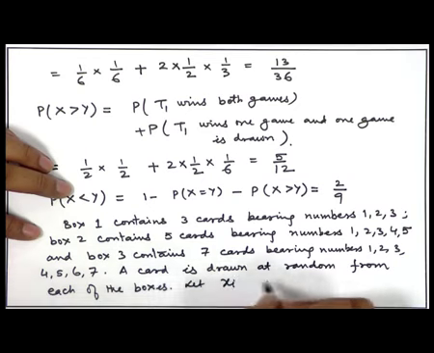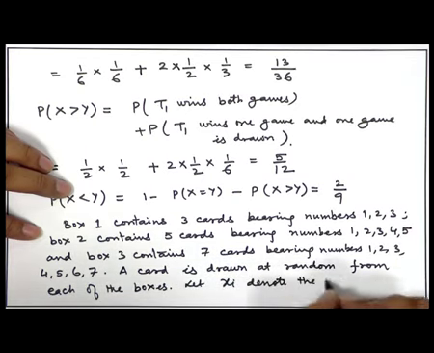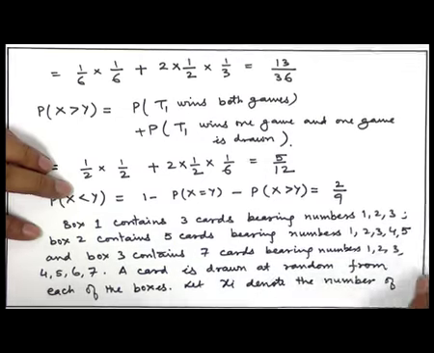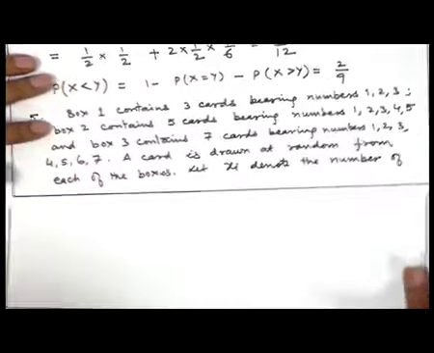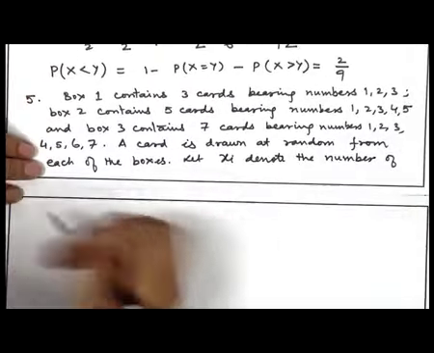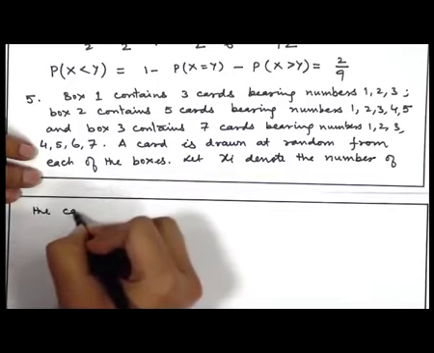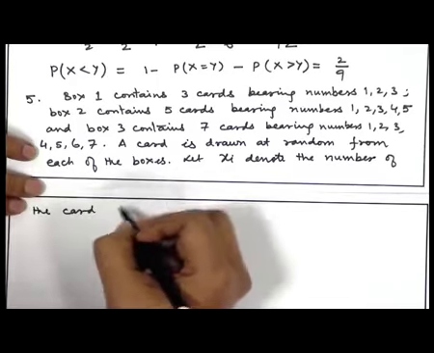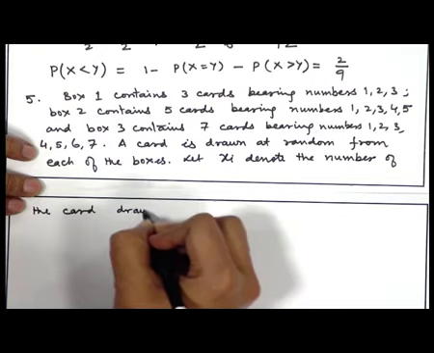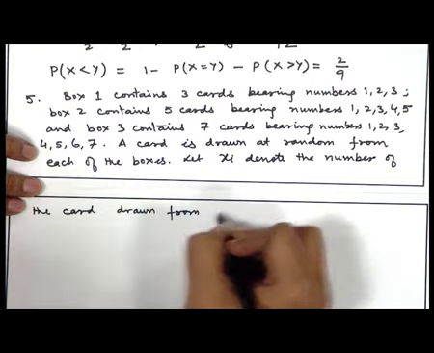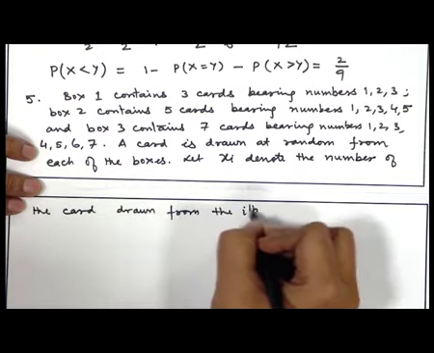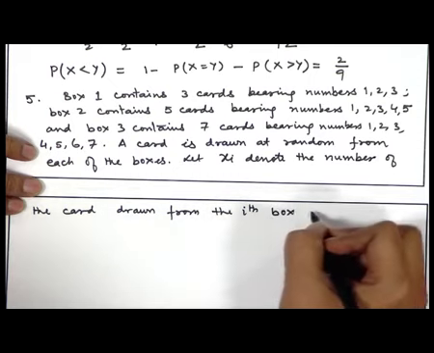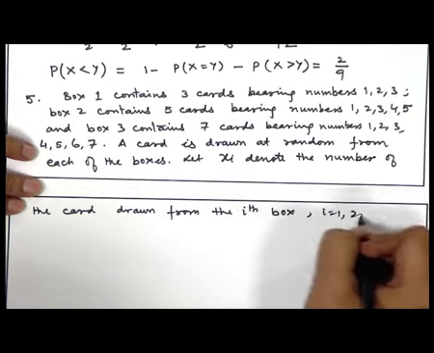Let xi denote the number of the card drawn from the ith box for i is equal to 1, 2, 3.